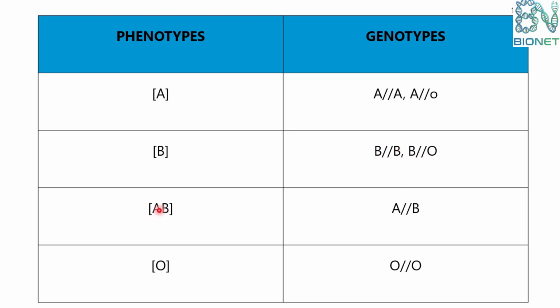If the phenotype is AB, the genotype is also AB. If the phenotype is O, the genotype is OO. The recessive phenotype is expressed in the homozygous state. The dominant phenotypes A or B are expressed in the homozygous state and in the heterozygous state. In the case of codominance, both alleles are equally expressed.